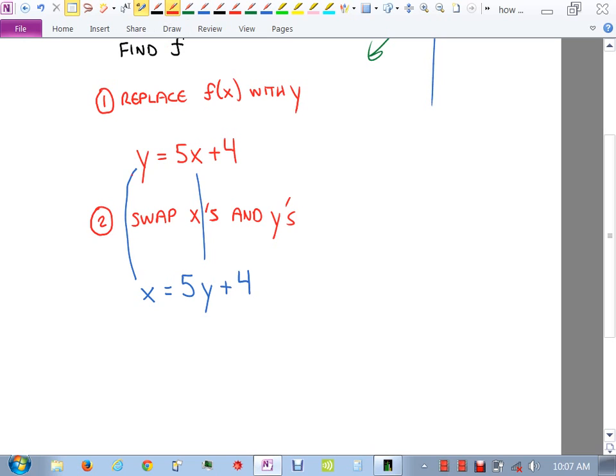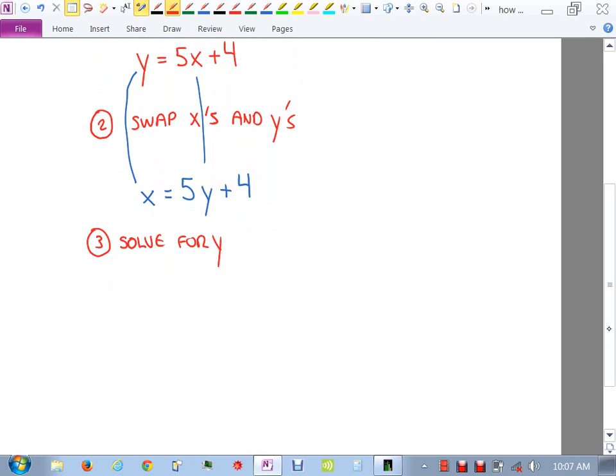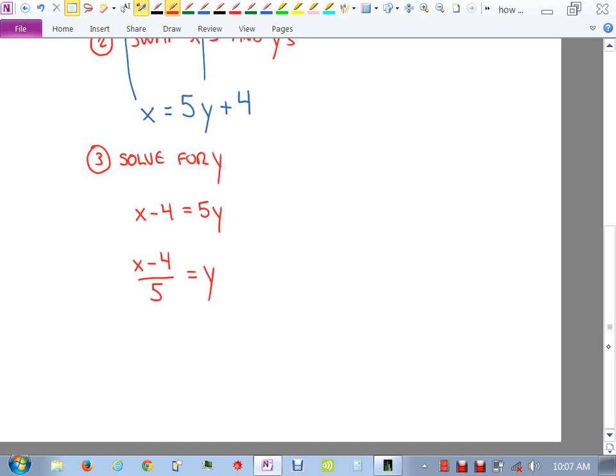The third step is to solve for y. So how would you solve for y here? Subtract 4 and then divide both sides by 5. You agree with that?